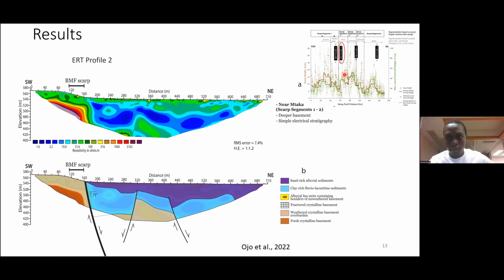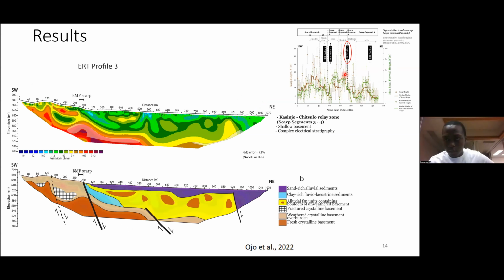This third profile is right along a relay zone, a connection between two fault segments, and that's where we had the minimum amount of throw, which is consistent with our results.